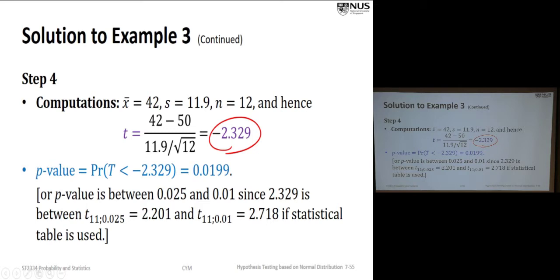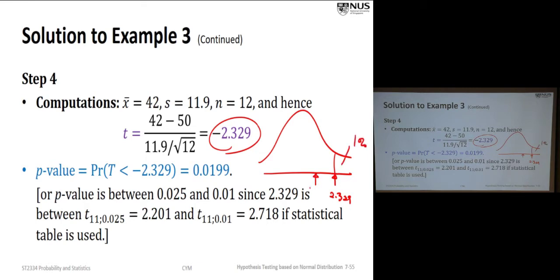We don't have that in our t-table. We only have certain numbers. One is 2.718, bigger than it, 1%.